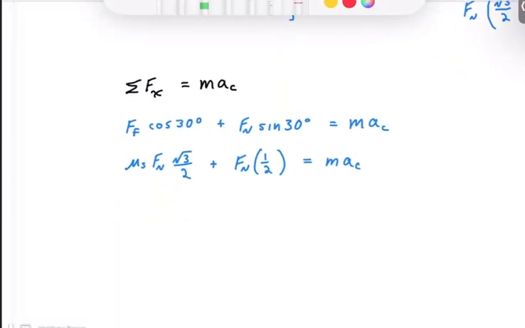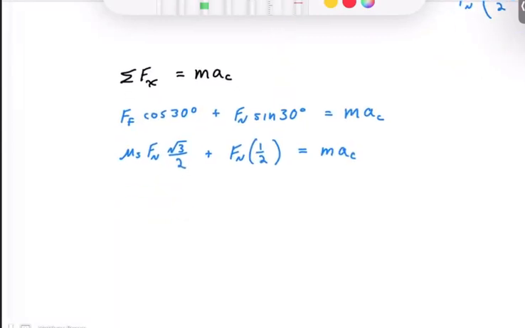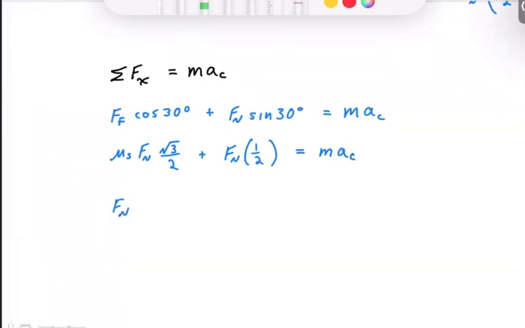Still not a lot I can do there. Once again, though, I can factor out the normal force. And that leaves me with Fn times root 3 mu s over 2 plus 1/2 equals mac.